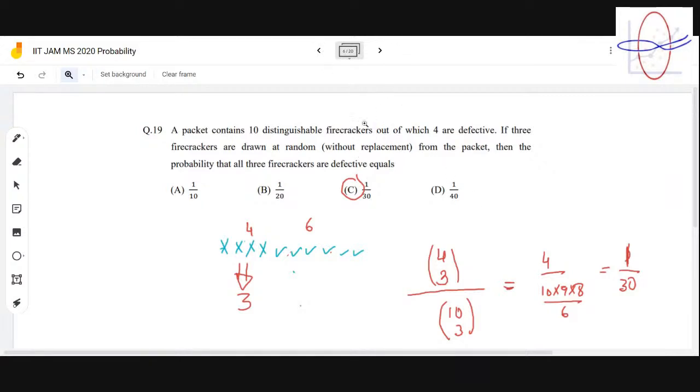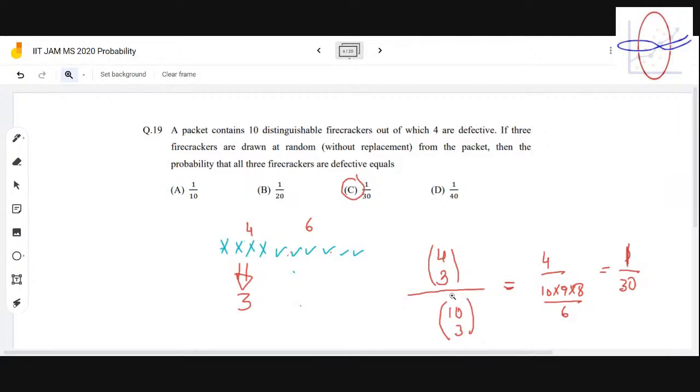So you have 10 firecrackers, of which 4 are defective and 6 are not, and you're taking 3 randomly out of them. So what is the probability that all of them are defective? The numerator will be the total number of ways you can choose the defective items. There are four, so 4 choose 3.